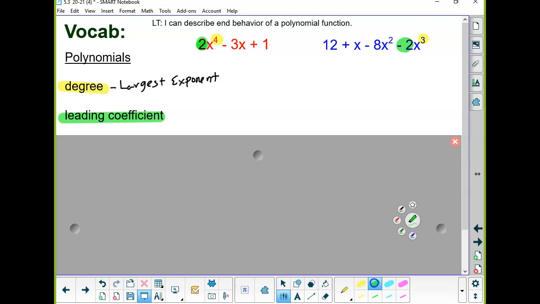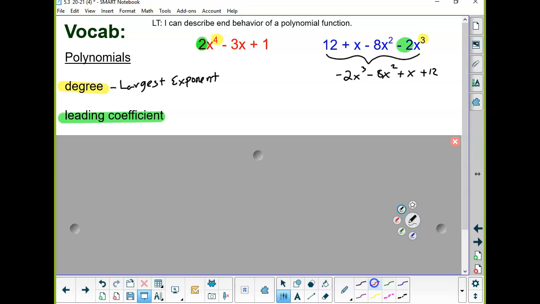Here's the leading coefficient of this one. But what might be best is to rewrite this so you have your largest degree first, and then we write it in order, the next largest, and then the next, and the next. And in the past, we've called that standard form for quadratics.